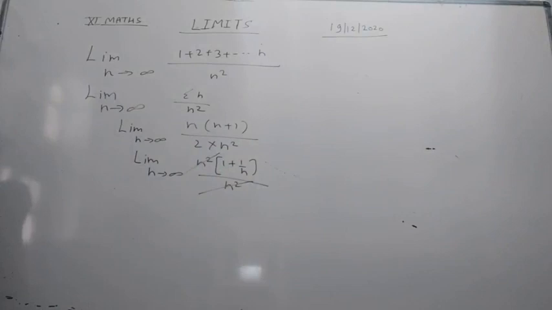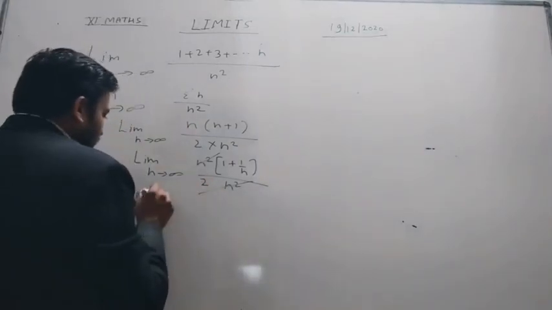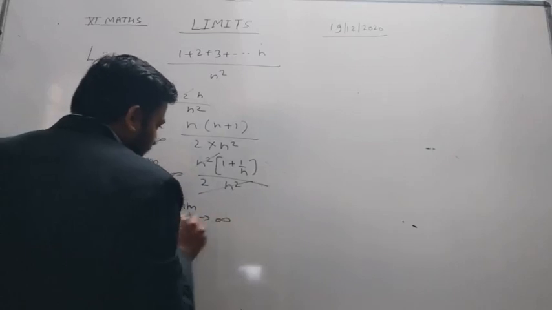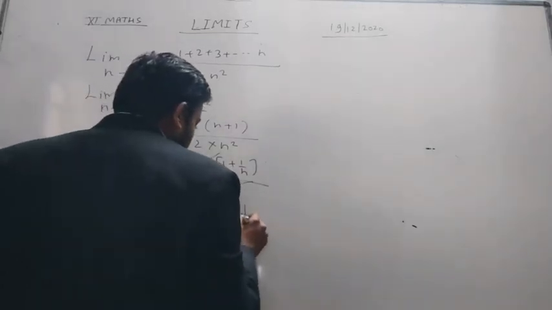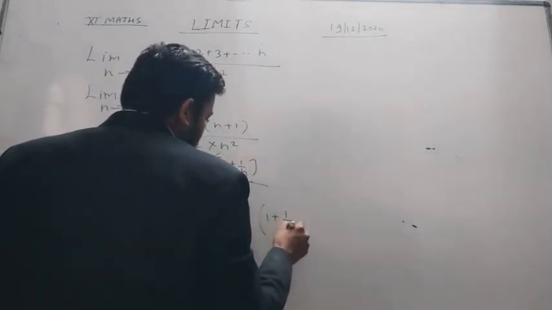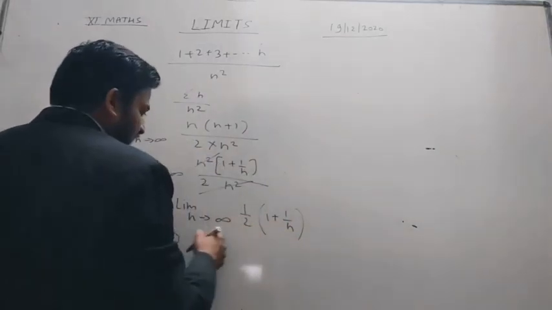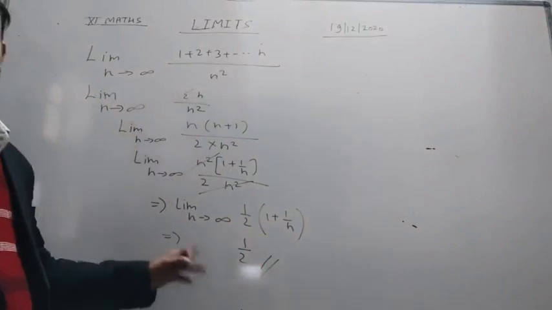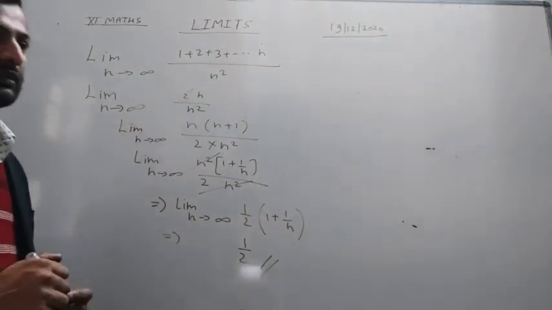Now we have to put the value of limit. When we put limit n tends to infinity, we get 1 by 2, 1 plus 1 by n here. Now put the limit here, we get 1 by 2. So it will be our answer.